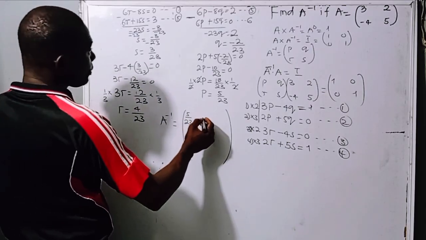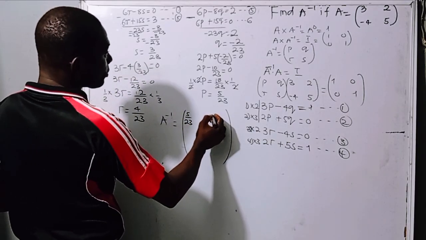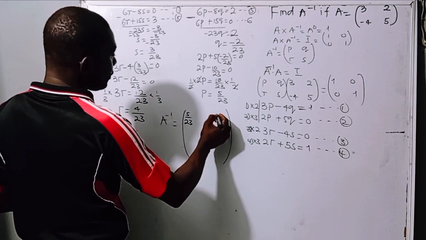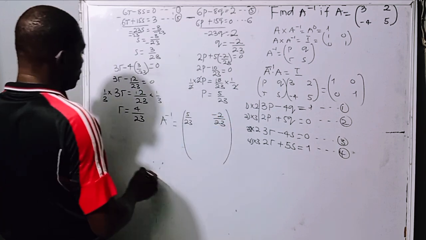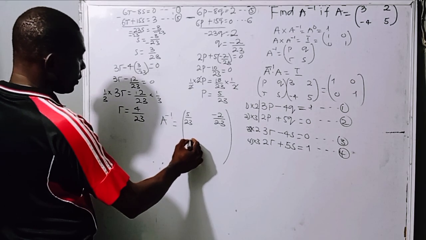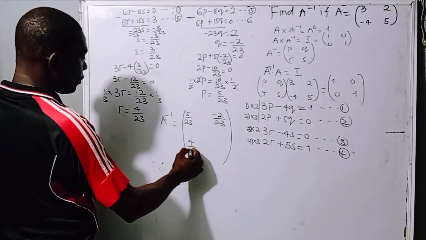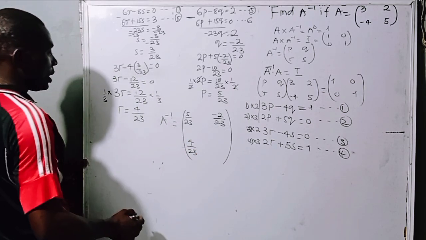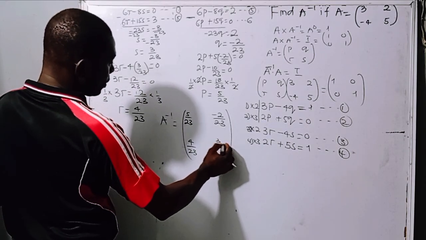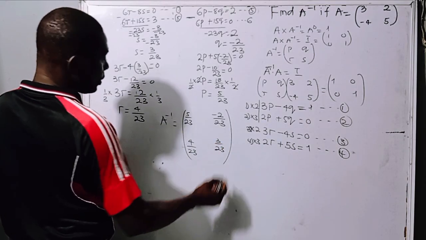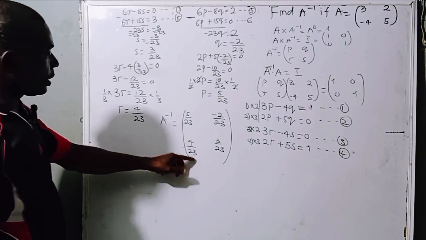Then for Q, the value is negative 2 over 23. For R, the value is 4 over 23. And for X, the value is 3 over 23. So we can see that something is common here.